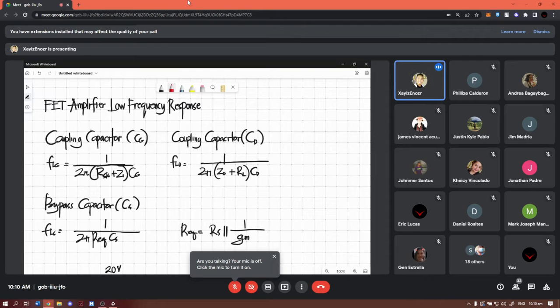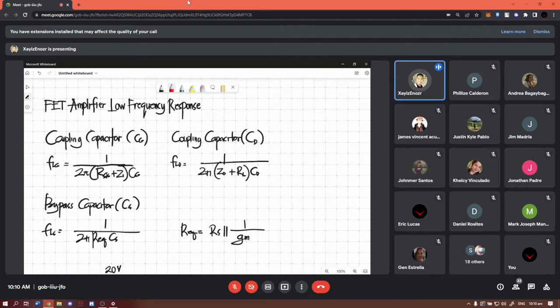Beyond the high and low frequency response of our amplifier, the capacitors affect the gain. When the frequency is within the bandwidth of our amplifier, the gain stabilizes. So after BJT, let's now discuss the field effect transistors.